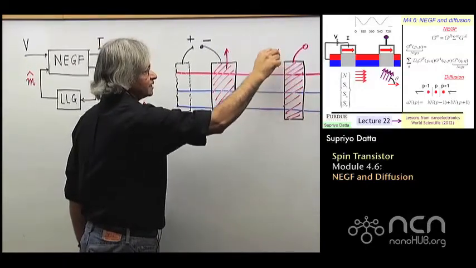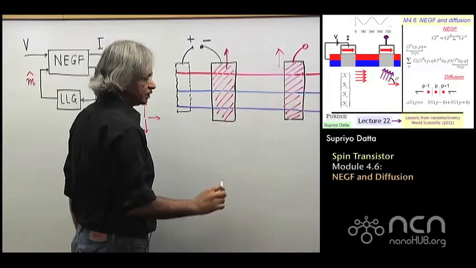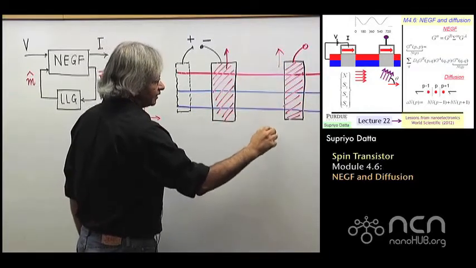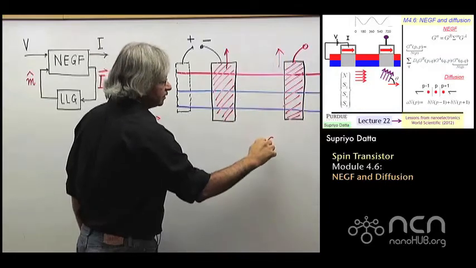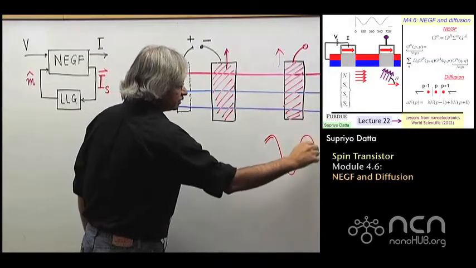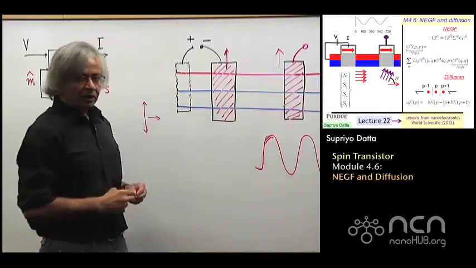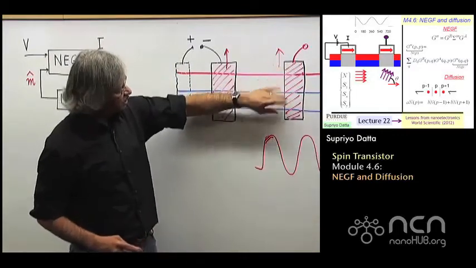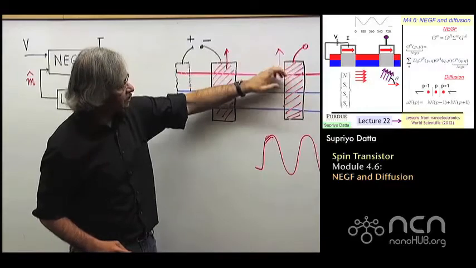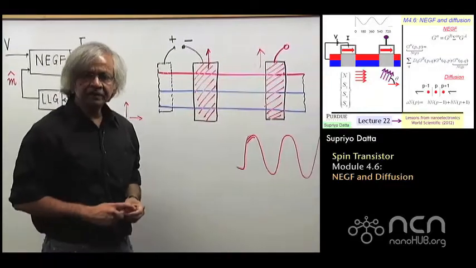If the magnet is in the same direction, you'll measure a high potential, and if the magnet is in the opposite direction, you'd measure a low potential, and it would oscillate like so, as we discussed.